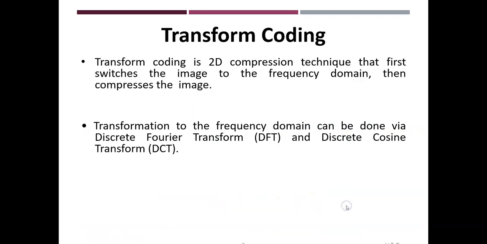Okay, so move on to transform coding. What is transform coding? Transform coding is a two-dimensional or 2D compression technique that first switches the image to the frequency domain, then compresses the image. The transformation to the frequency domain can be done in two ways: first, by using the DFT or discrete Fourier transform, and second, by using the discrete cosine transform.